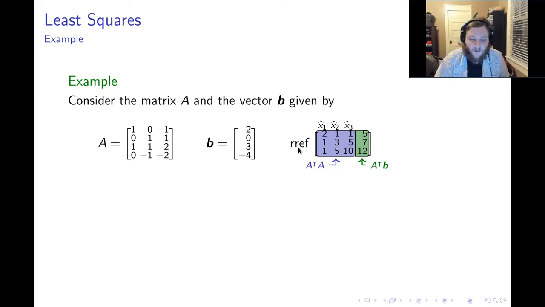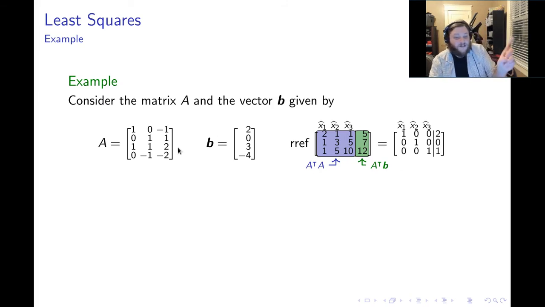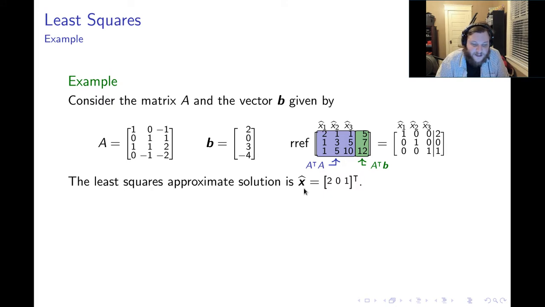So now I row reduce the least squares system, and I get this reduced row echelon form. The original system was inconsistent, but the least squares system will always be consistent. And in fact, what we're finding is that the least squares approximate solution to this system is 2, 0, 1 for x hat here.